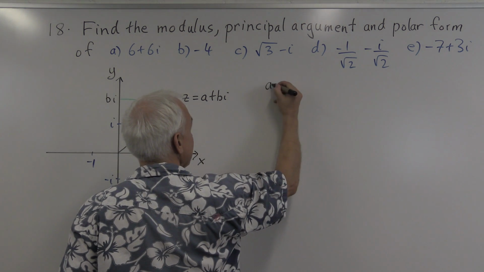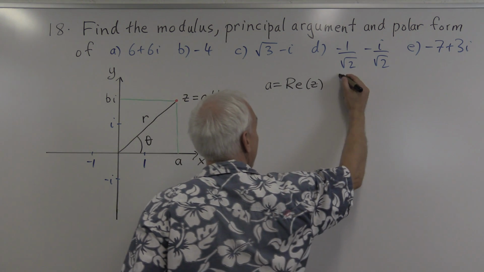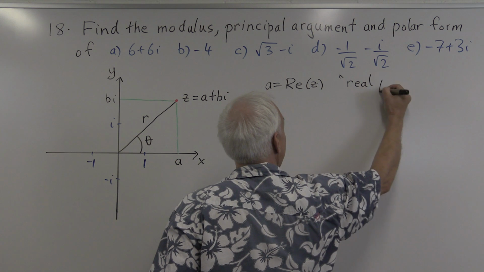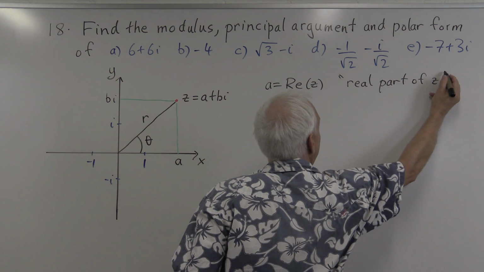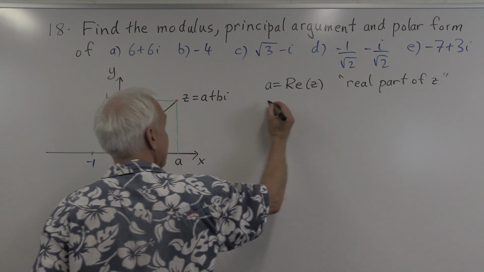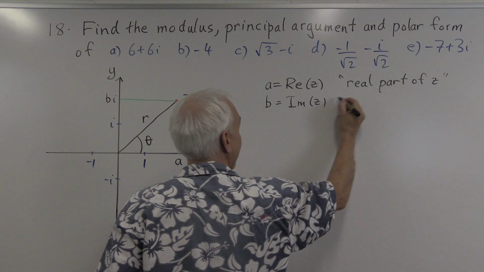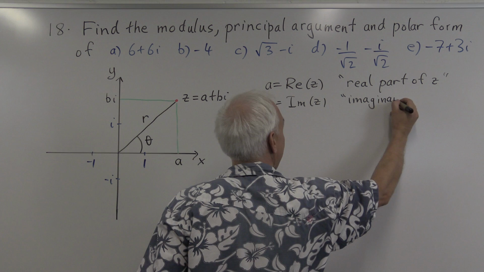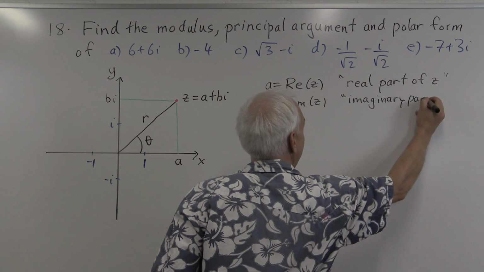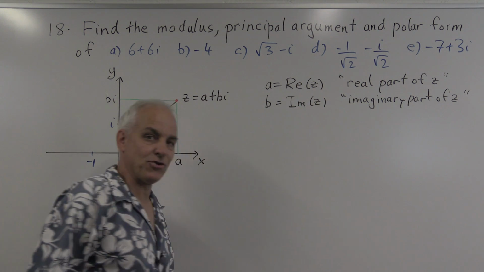We'd say a is the real part of the complex number. And b is the imaginary part of z. That's terminology that goes back to René Descartes.